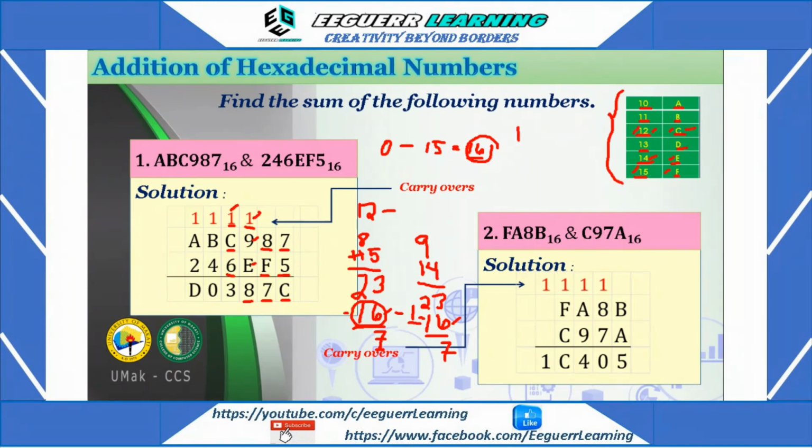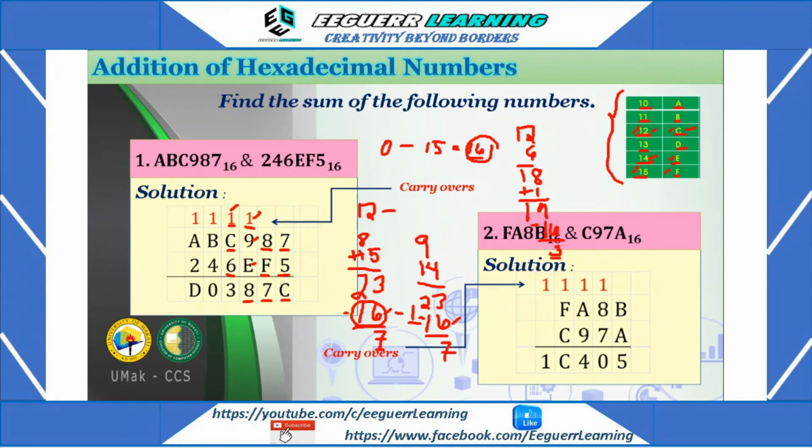So 12 plus 6 is 18. 18 plus 1, we add plus 1 as our carry, so 19. We can now subtract 16 from 19, and we have a remaining of 3.